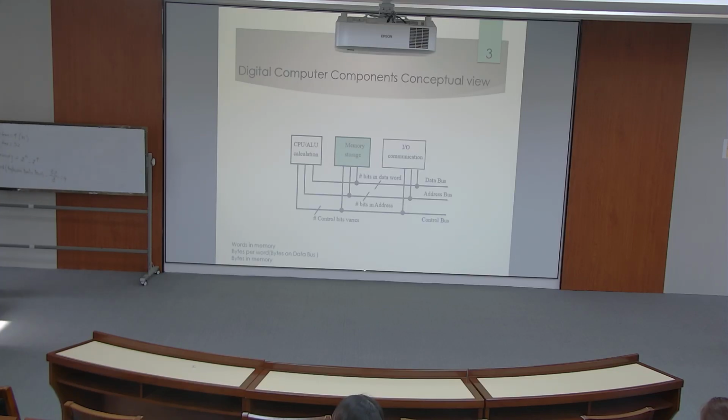Now, we want to find the total number of bytes in the whole memory. We have the total number of words in the memory, and we have the total number of bytes per word.